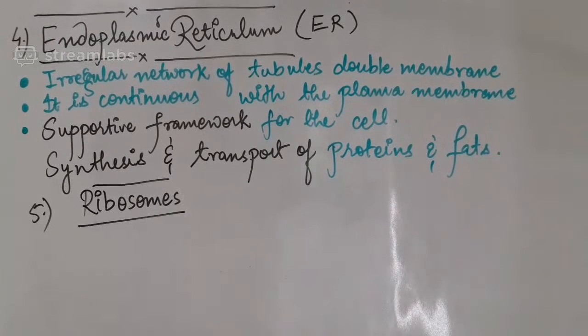Granules are the small particles, or you can call them as the crystals or droplets, which are formed from starch in the plant body and from glycogen in animal cells, and this serves like food or energy to the plant cell or animal cell.